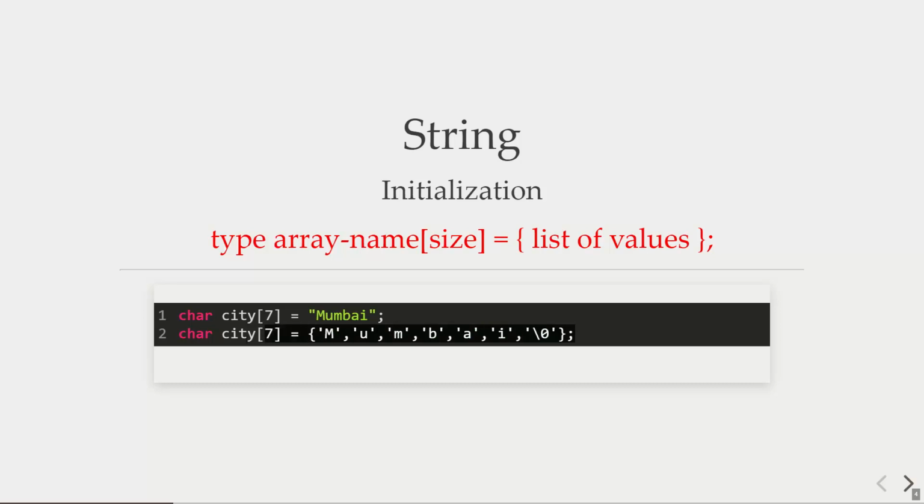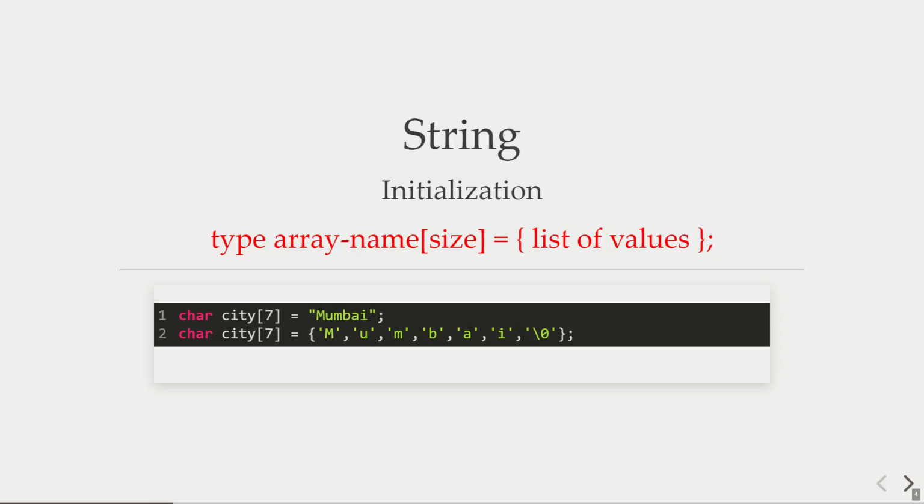This is the normal way of doing it, and the first way is the more common way of assigning characters into the character array. In this format, you simply enclose whatever you want to include in the variable with the help of double quotes.